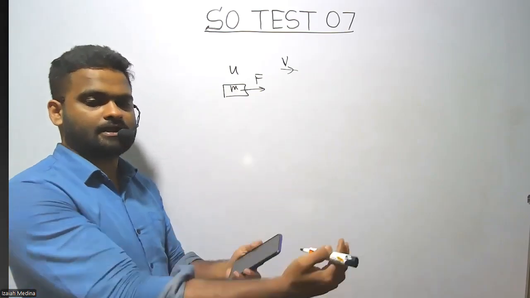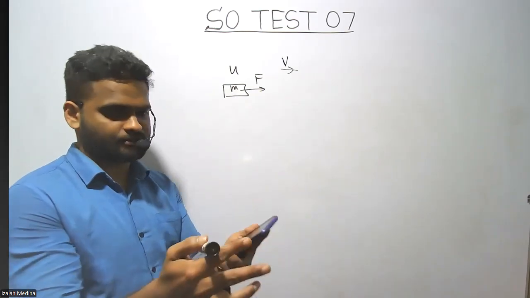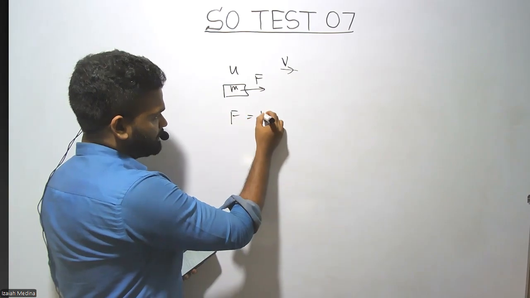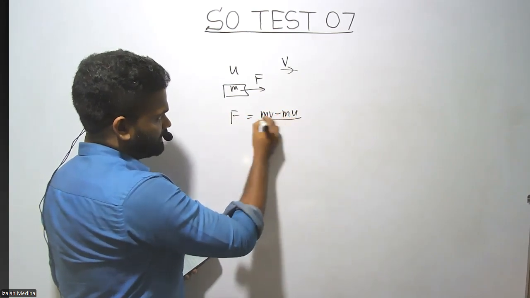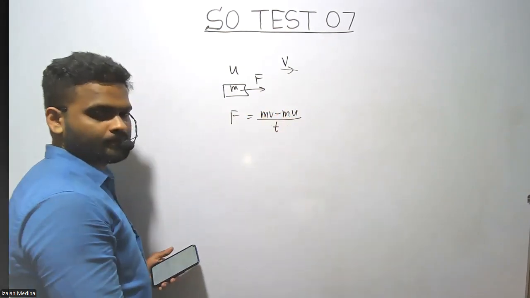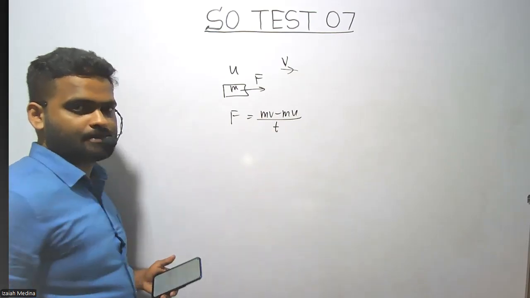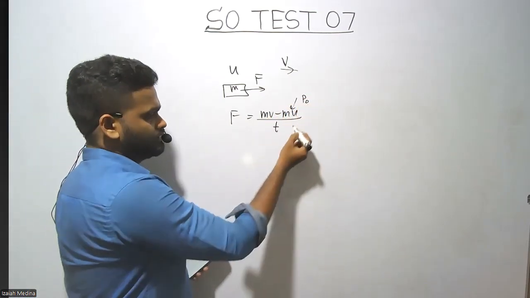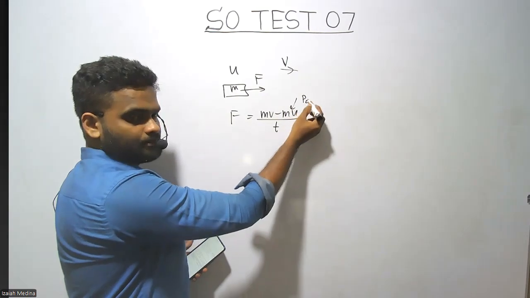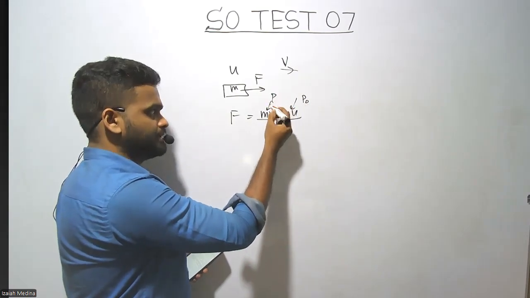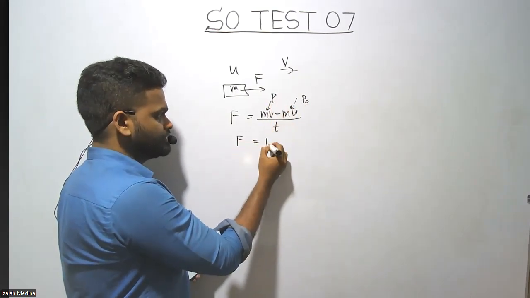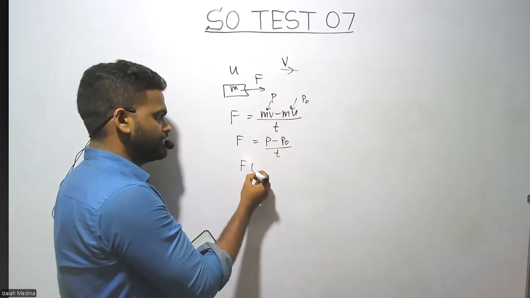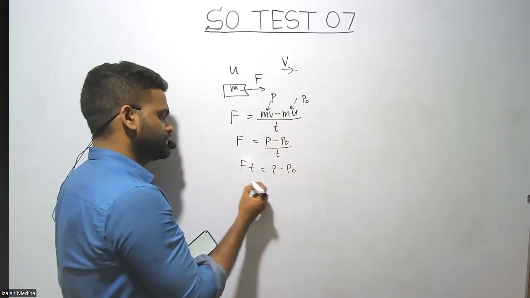Then you can convert that equation into y equals mx plus c form. This equation: F equals (mv minus mu) divided by time. So this is F equals ma, right? Let's say this is the initial momentum p naught, this is the final momentum p. So F equals (p minus p naught) divided by t. Then Ft equals p minus p naught.